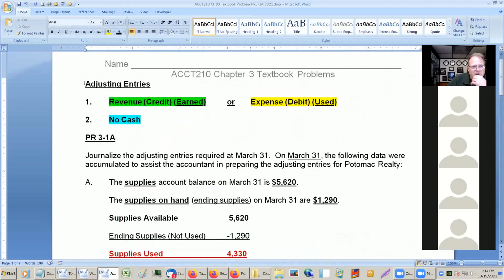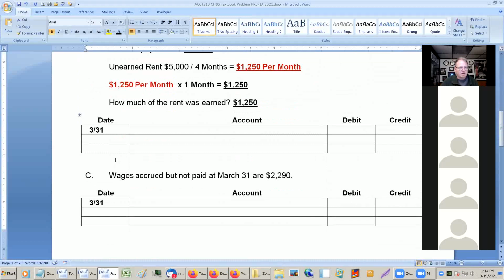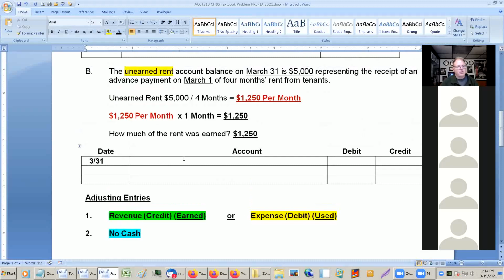So let's look at our little adjusting entry thing here. I'm going to copy this and bring it down. Are we going to have a revenue or an expense? Revenue. Yep.